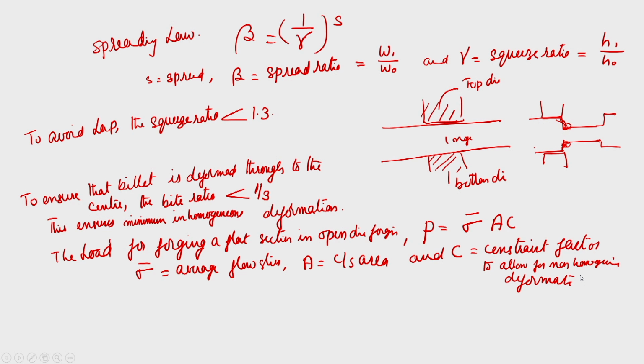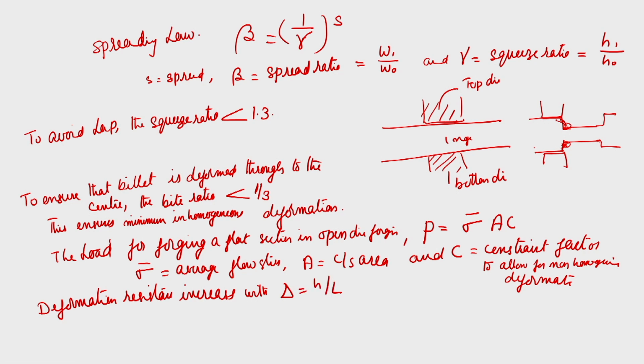You know that earlier, about the deformation zone, we have decided that the deformation resistance increases with the delta, which is nothing but h by L, as we have discussed earlier.